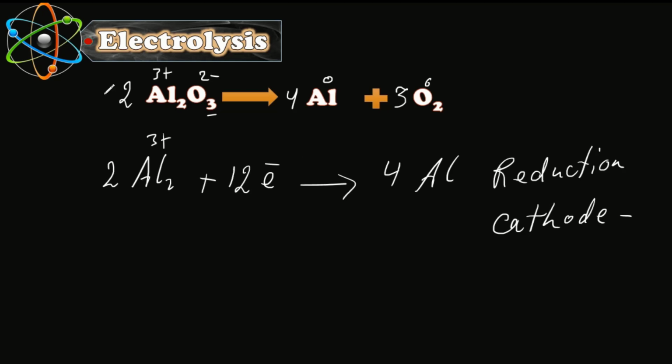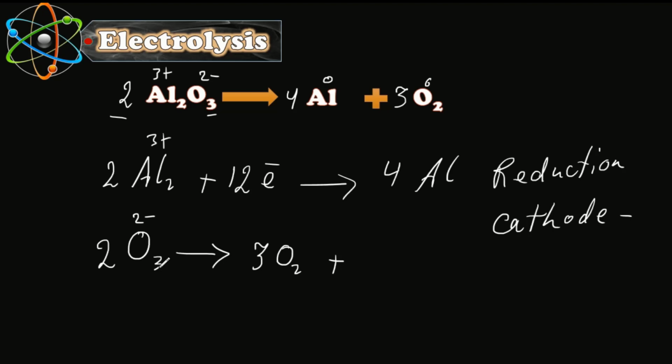Now this is aluminum. Let's look at oxygen. Oxygen O3 will lose electrons, so we write an arrow, then we write 3 O2. The charge of this is 2 negative, then how many electrons is it going to lose?